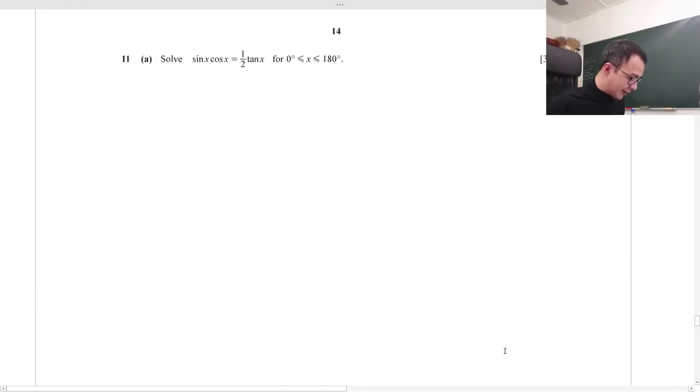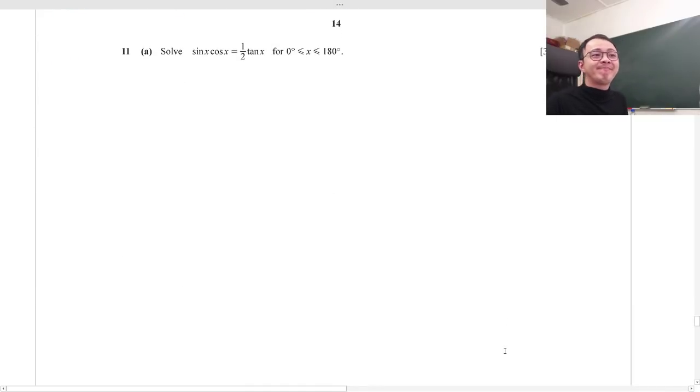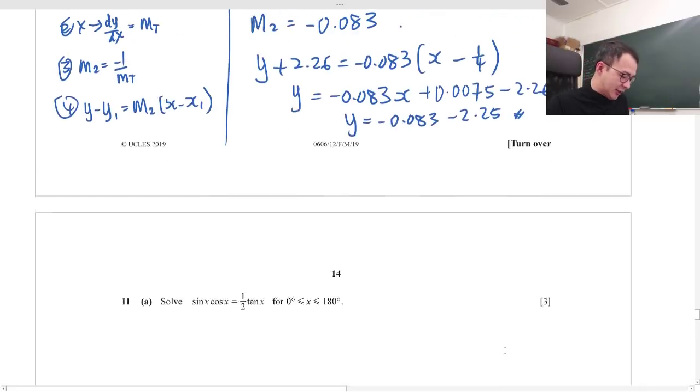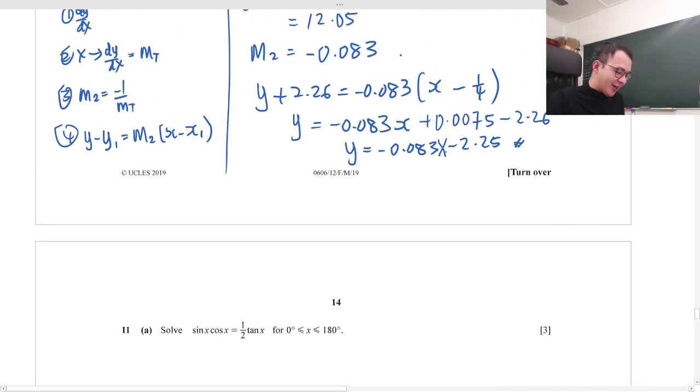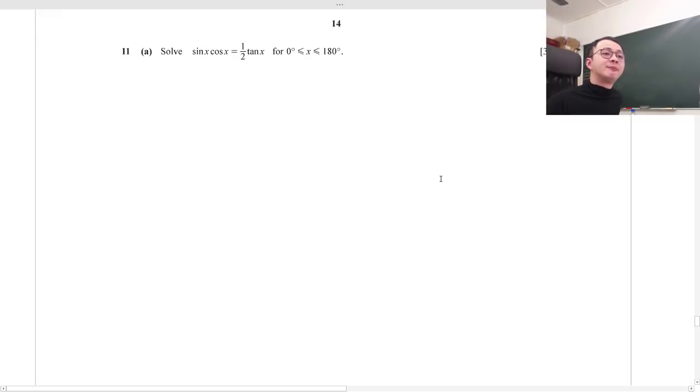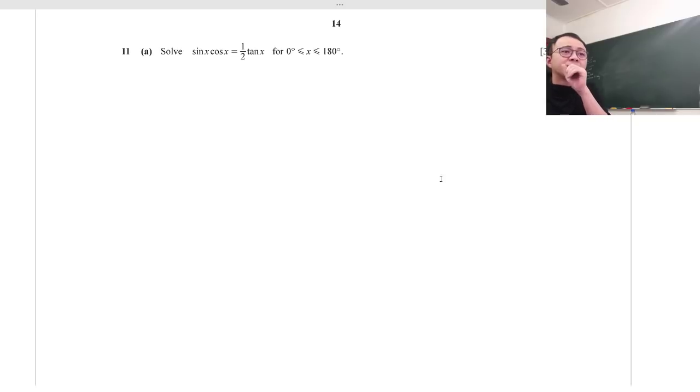So, yep, let's go to the last question of this paper. Yeah, there's an x here. Thanks for that. There's an x here. Yep, must have. Alright, so gradient should be 1 over 10, right?